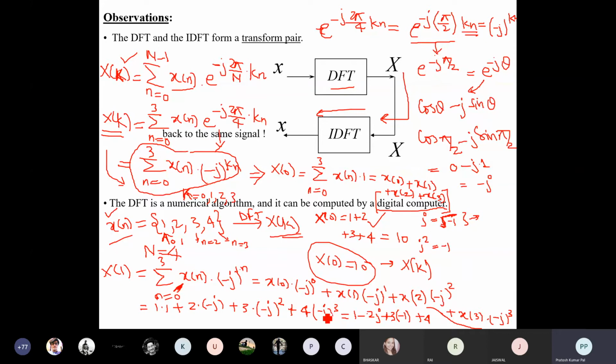Minus j to the power 2 will be equal to minus 1. So minus 1 multiplied by minus j will be equal to plus j, so it will be 4j. 3 multiplied by minus 1 will be minus 3.